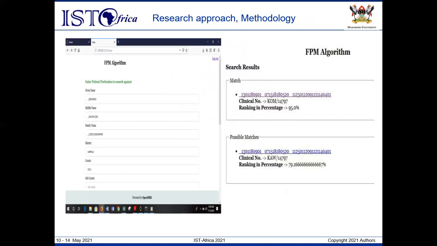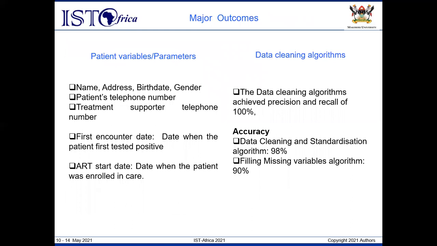So what you see there are the screenshots obtained from the algorithm, and the one on the left is where you input the patient variables, and then it takes you to OpenMRS, where it then gives you the percentage of match, and if the patient has a possible match, it can also be indicated.